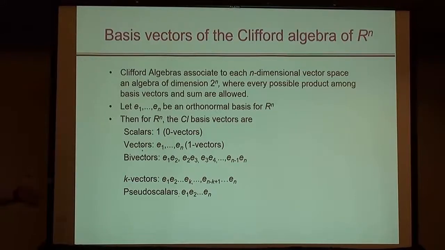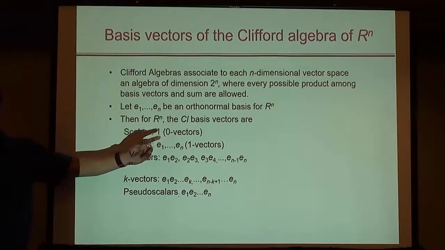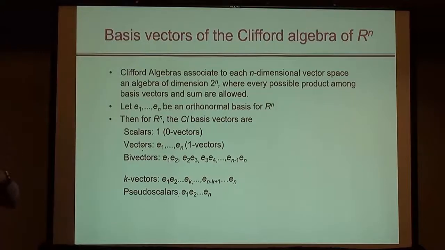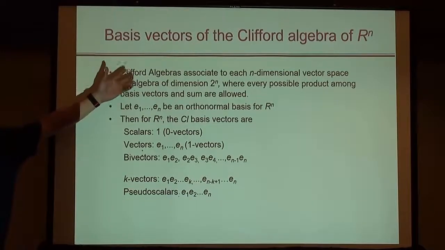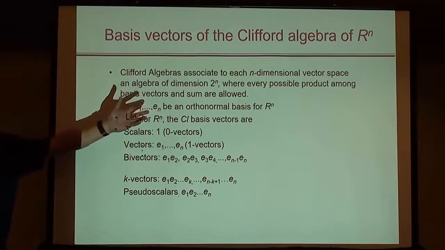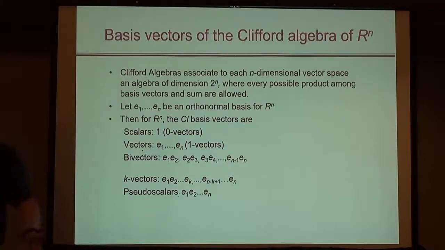Then we have a unity, which is one. So how do we define an algebra that can handle all these quantities? That's essentially what Clifford algebra is. Rotation, translation, dot product, cross product.